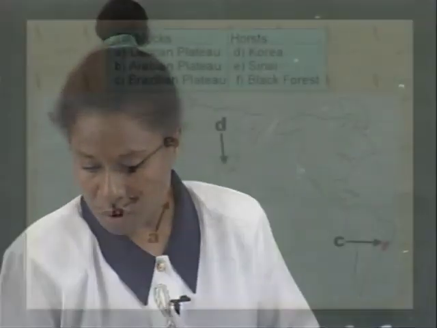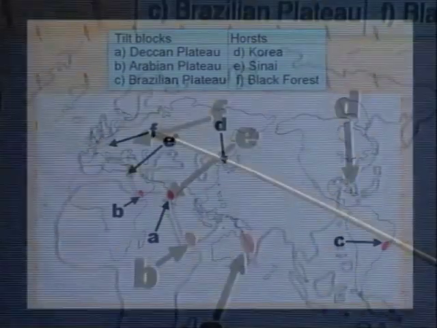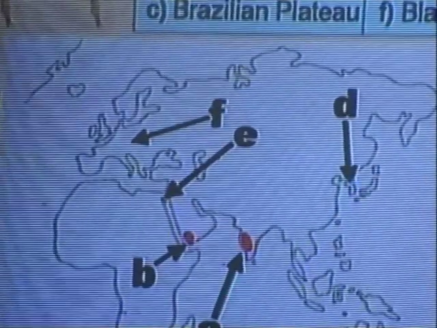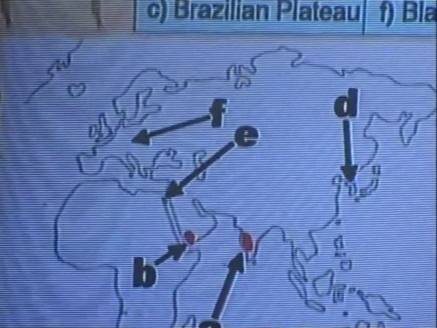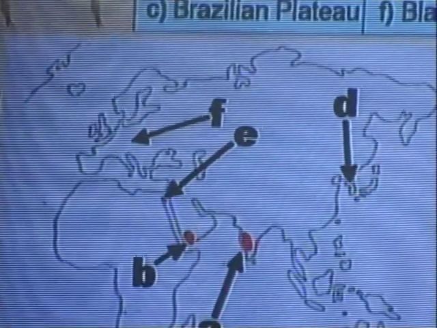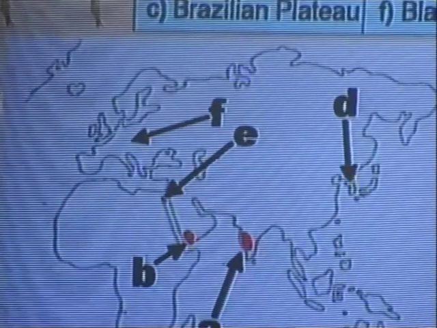And finally, for the last one, the Black Forest horst, it is actually located in Germany. If you've heard about the River Rhine that runs along those countries in Europe, Germany, Switzerland, and so on, the river runs in a rift, and that rift is known as the Rhine Rift.